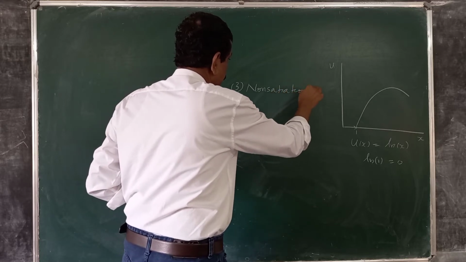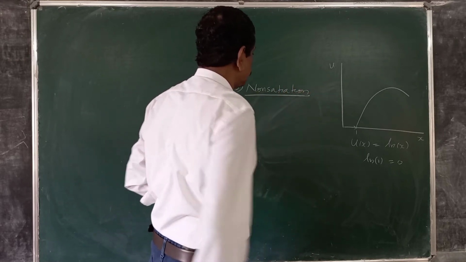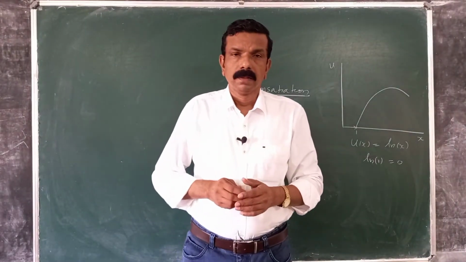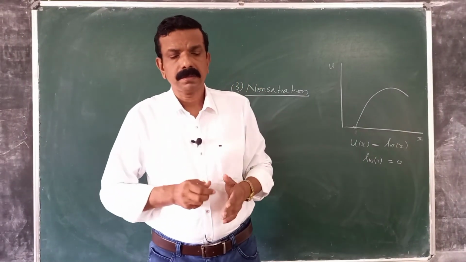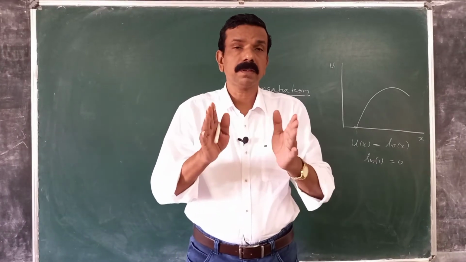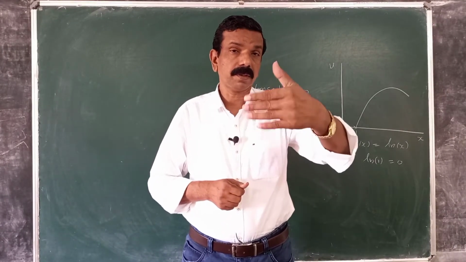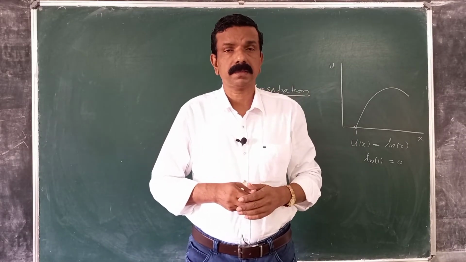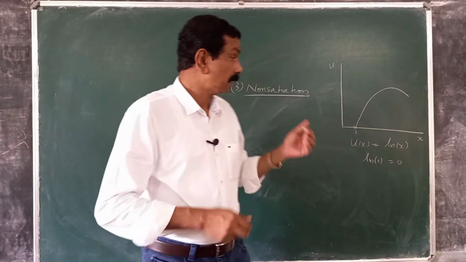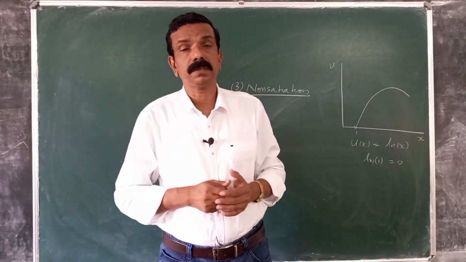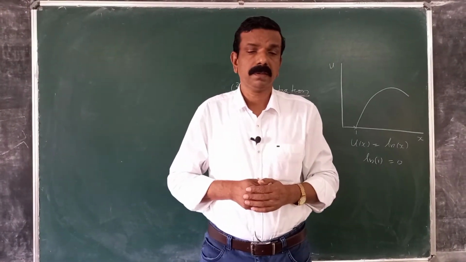The axiom is: more of a commodity is preferred to less. That is the axiom of non-saturation. More of a commodity is preferred to less. Remember this.